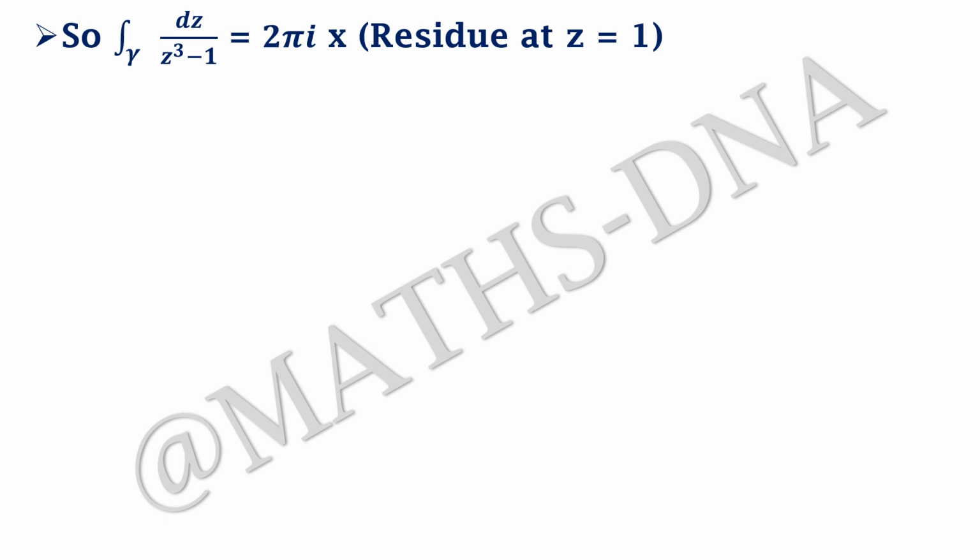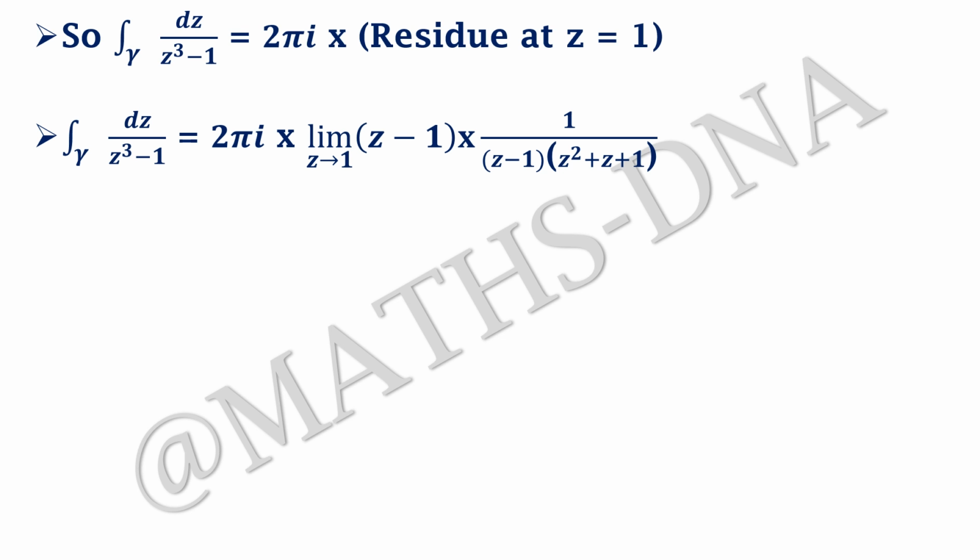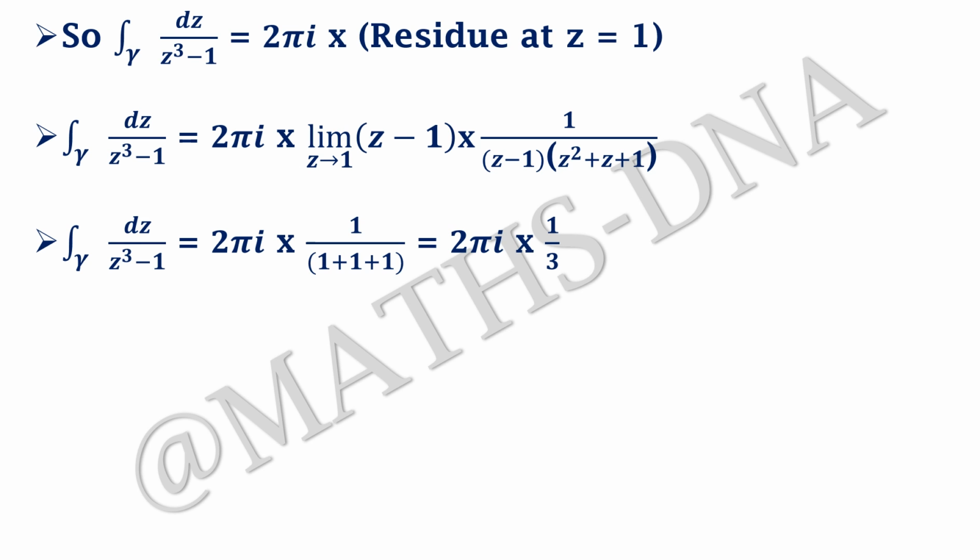So the integral over gamma of dz upon z cube minus 1 equals 2 pi i into the residue at z equals 1, which gives us 2 pi i into the limit z tends to 1 of (z minus 1) into 1 upon (z minus 1) into (z square plus z plus 1). Here z minus 1 gets cancelled out and we get 2 pi i into 1/3.